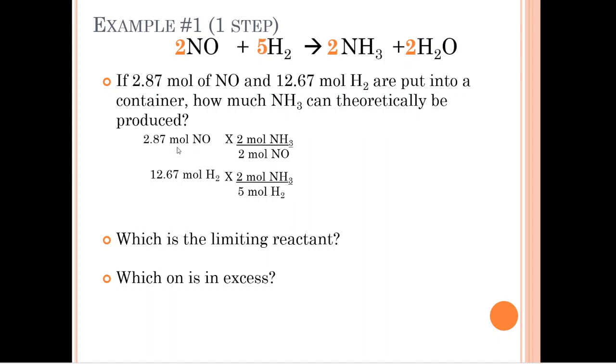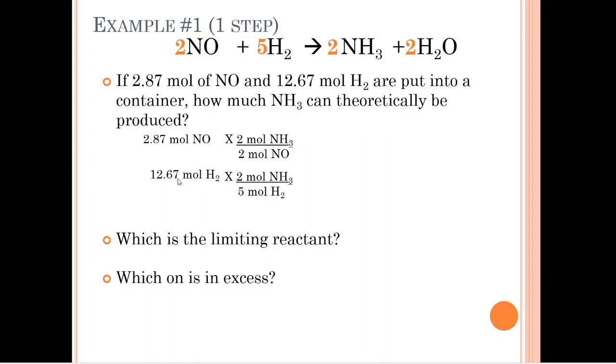So we've set it up, and then we use our mole ratio. We look to the left for the units we have, which is moles of NO, and the units we want is moles of NH3. From our balanced equation, we have 2 moles of NO and 2 moles of NH3.